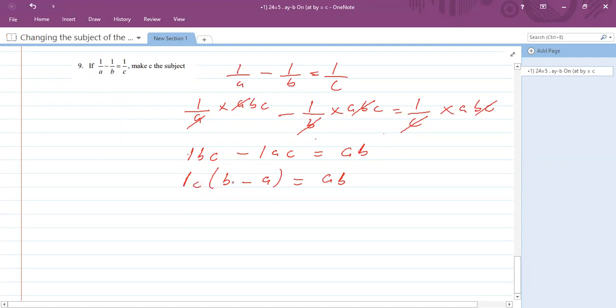Now the next thing you have to do is to get rid of the bracket. What's the bracket doing here? Multiplying. So what's the opposite of multiplying?